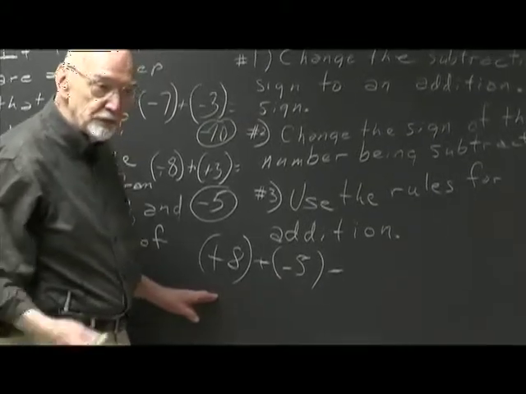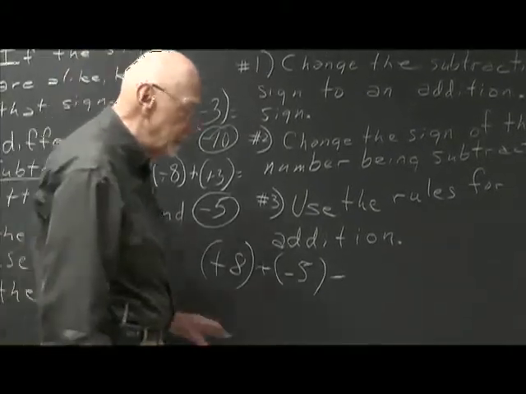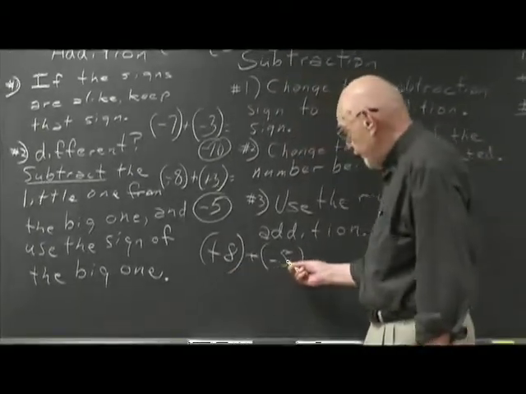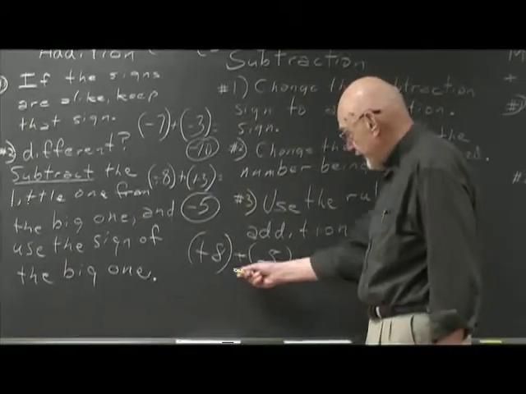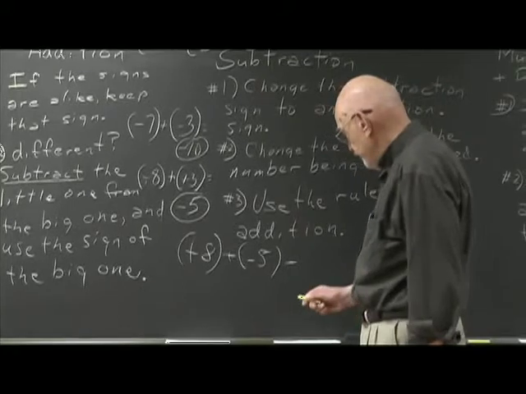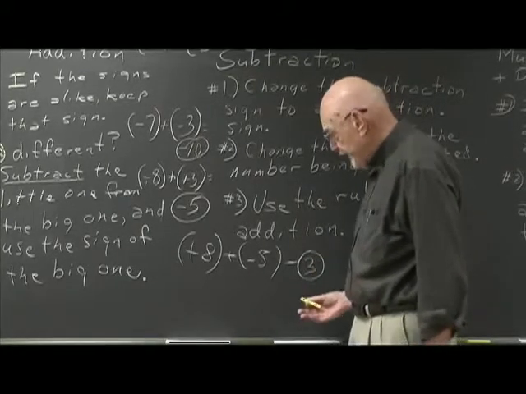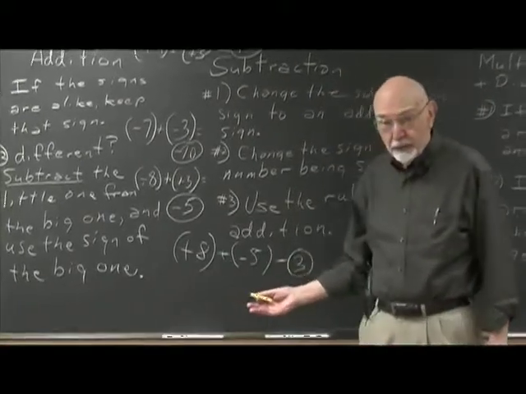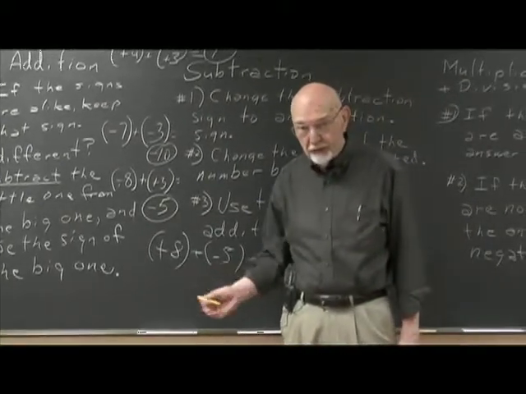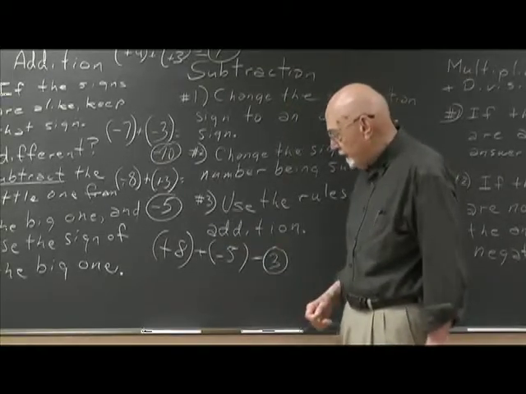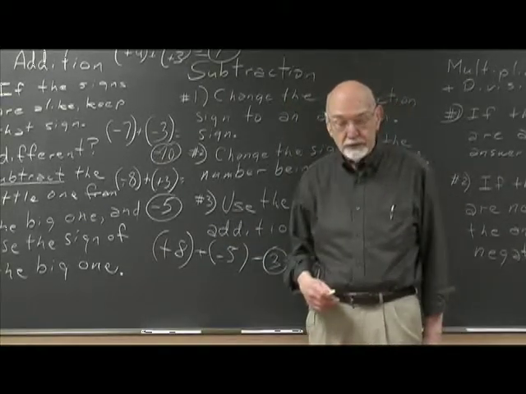The rule says subtract the little one from the big one and use the sign of the big one. 8 minus 5 is 3. Sign of the big one is positive. Therefore, the answer is 3. It is positive 3, but we don't need to add the sign for positive. We do need to put the sign for negative whenever we have a negative answer.